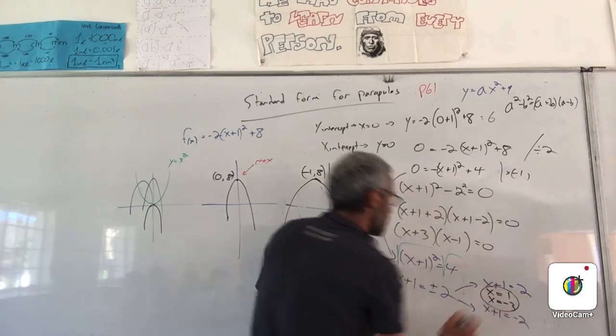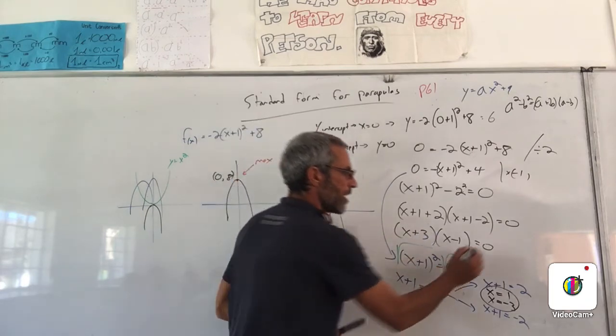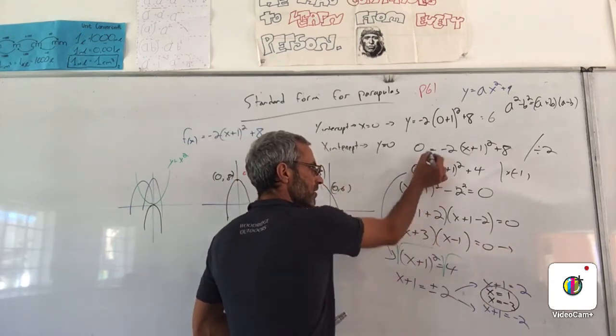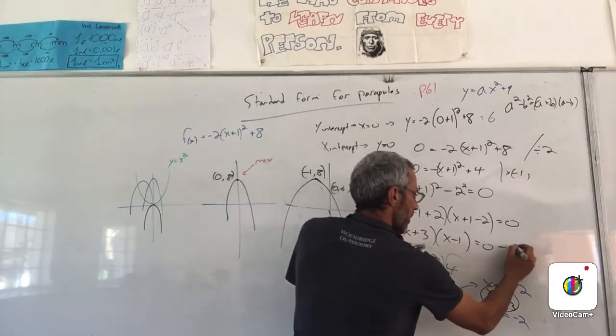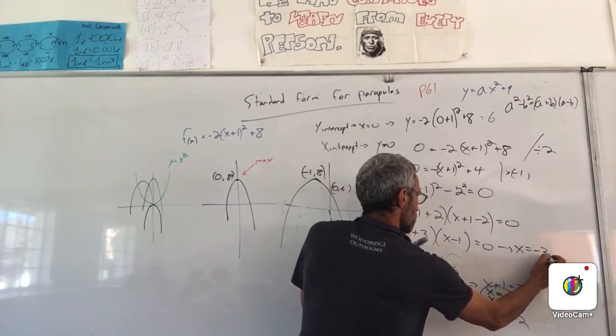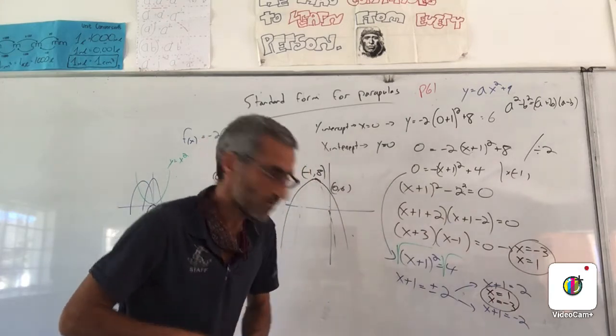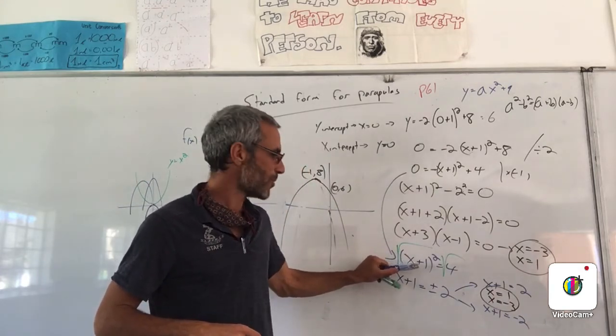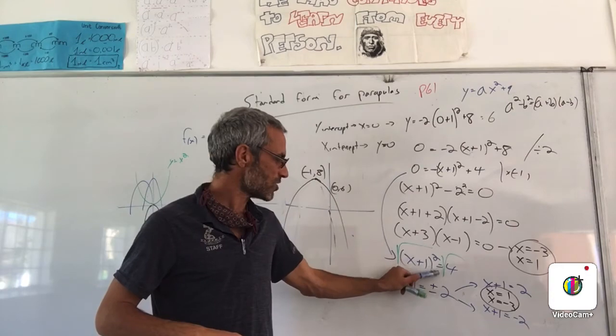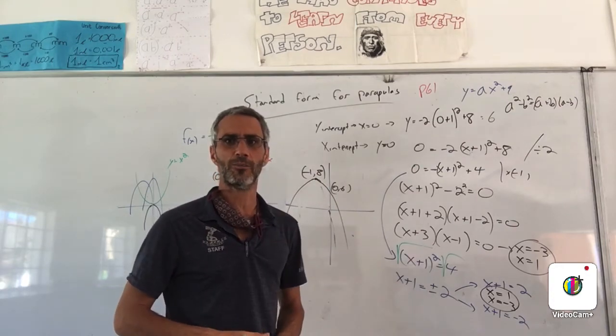Which is obviously the same answer if you were going to solve here, okay? If we went this longer way, you again find x equal to minus 3 or x equal to 1. You get the same answer. This is the much quicker way, but you must remember that when you take a square root here, you need to take the positive and the negative.